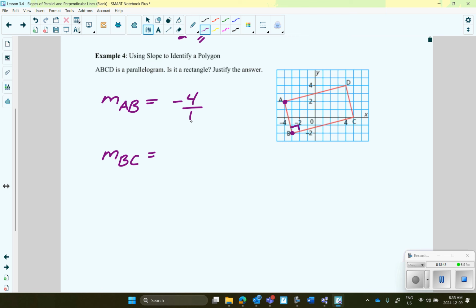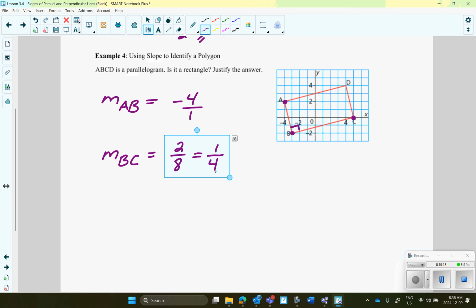I'm going to leave it as a fraction because I want to compare it to BC. How about BC? How much do I rise to get from B to C? 2. And then I run 8. And that gives me 1 over 4. Are they perpendicular?